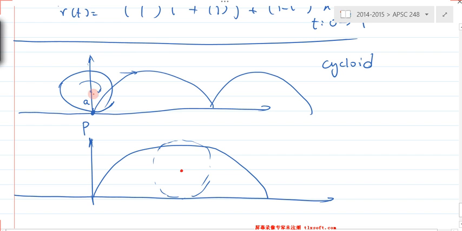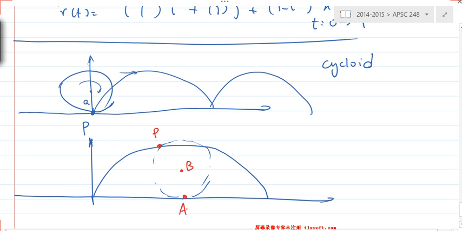As you can see, the center of the circle is not moving up and down; it's always on this horizontal line. And the point P, representing the motion of that marked point, let's say at that moment P is here. Suppose this is the B point, and the circle always has a tangent point to the ground, and that's the A point.